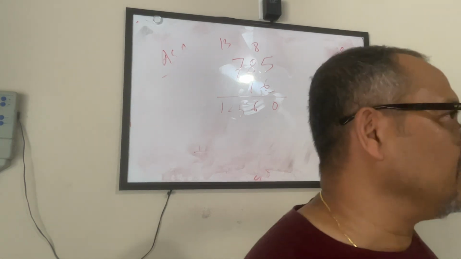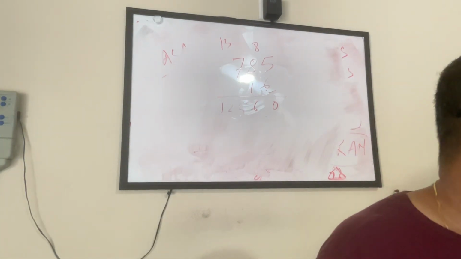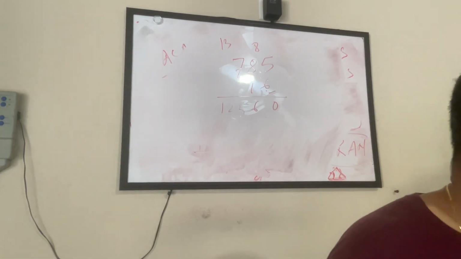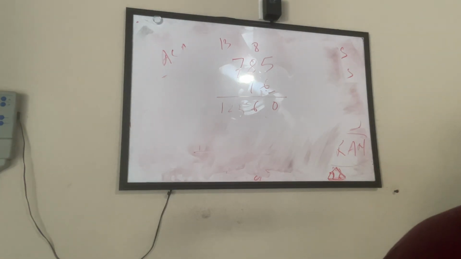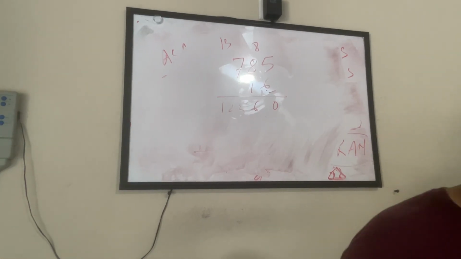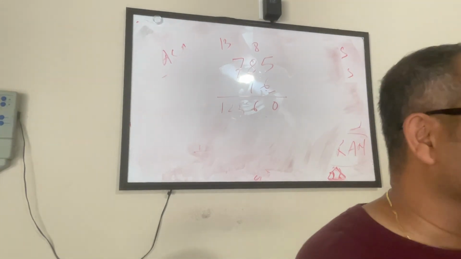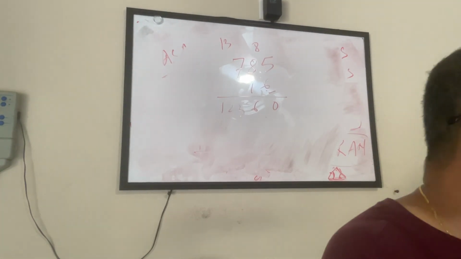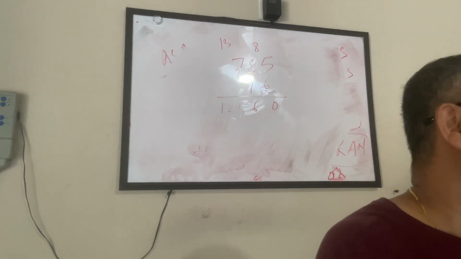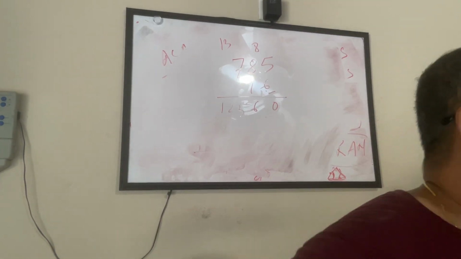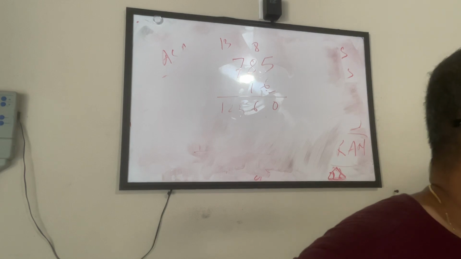Have you done table beyond 12 also? I'm sorry? Okay. So right now, let's say till the month of July, we'll focus on table till 12. August and September we'll focus on 13 and 14. Okay?